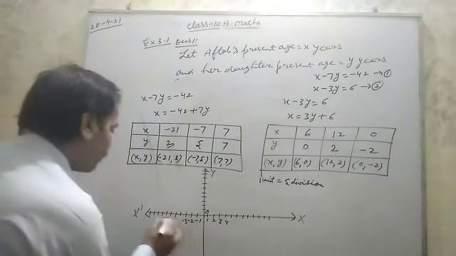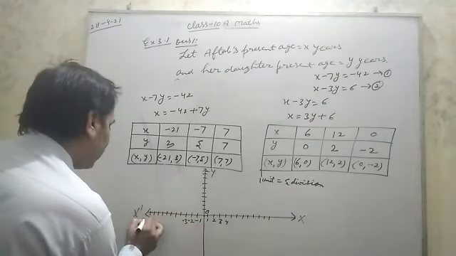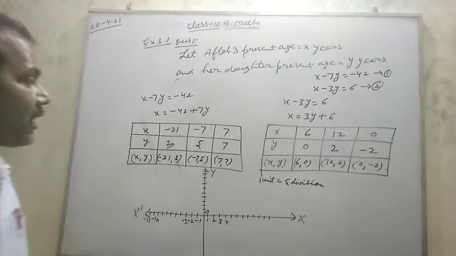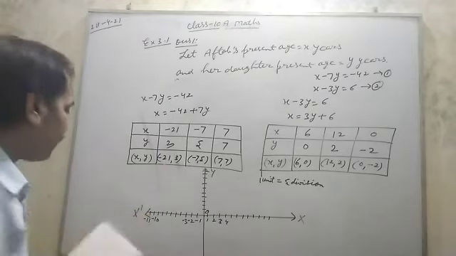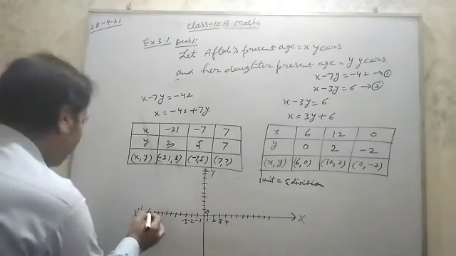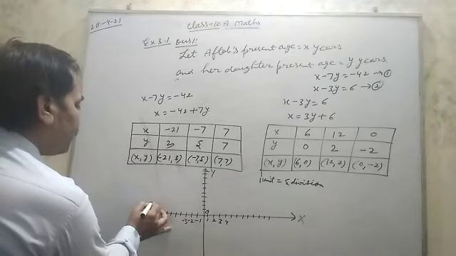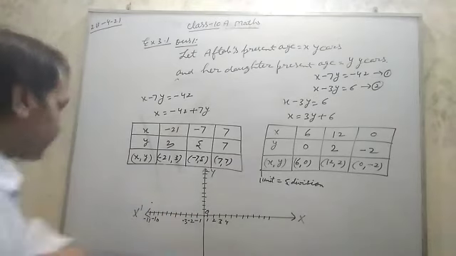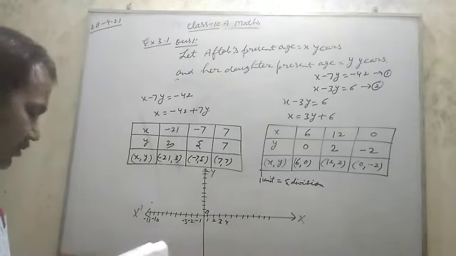Okay, so 3, 4, 5, 6, 7, 8, 9, 10. This will be minus 11. This minus 10. So 105 is 10 boxes, and then 5 means that will be here, and then 3 divisions. So on that one 15. Okay, so this 10 and this 15. So that's why I am saying that on graph paper you can represent properly. Okay.